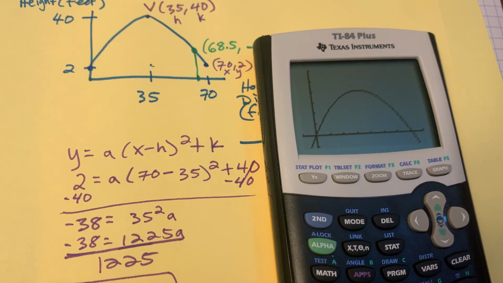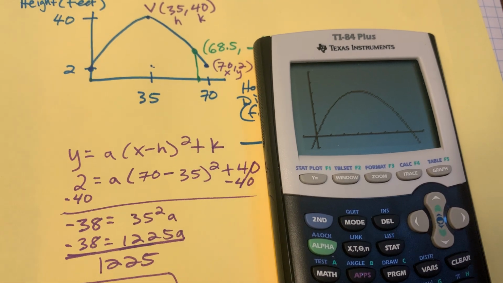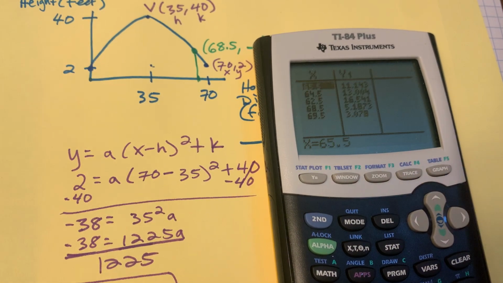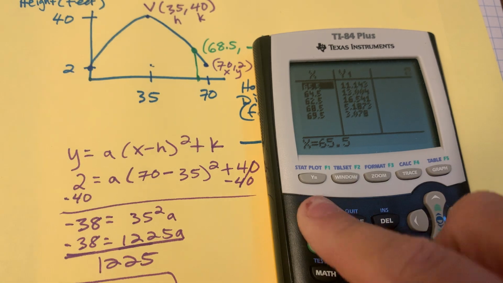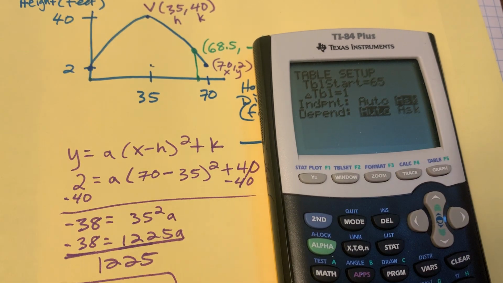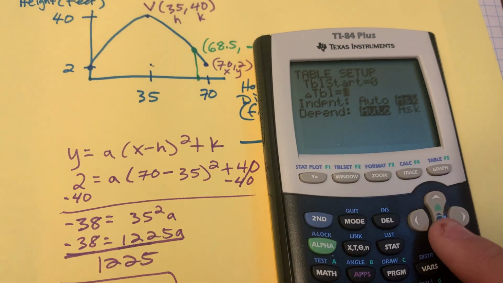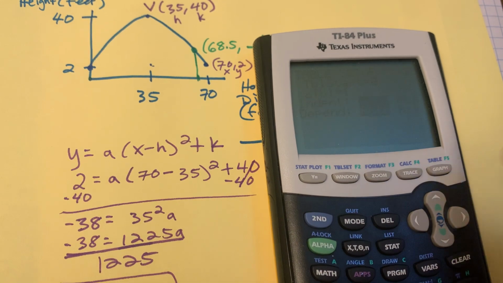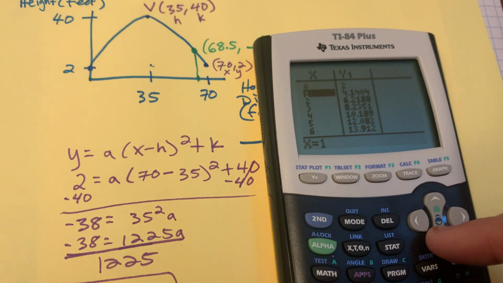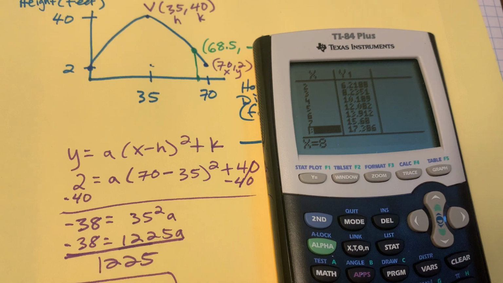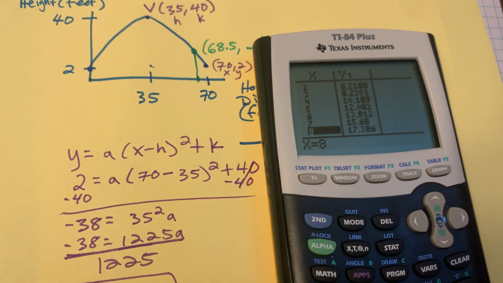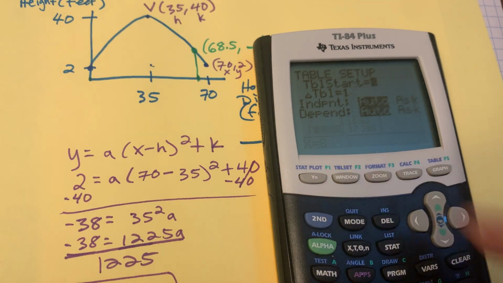If I want to go into the table, I can do that. There's a couple of things you can do with the table. Normally when you go in, I spoiled the surprise. Normally it starts at like 0, and then you would have to scroll down for forever to get to the other side. Another little trick you can use is second window.